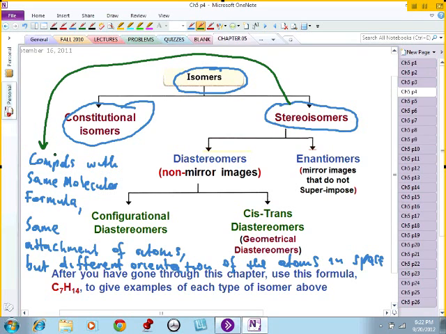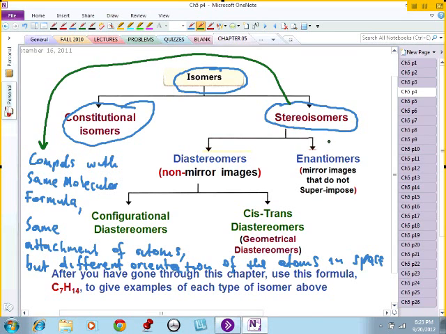So these will be different molecules that have the same molecular formula. They have the same arrangement of atoms, or attachment of atoms. The only difference between them is the orientation of the atoms in space. We are going to give you examples of this as we go along during today's session.